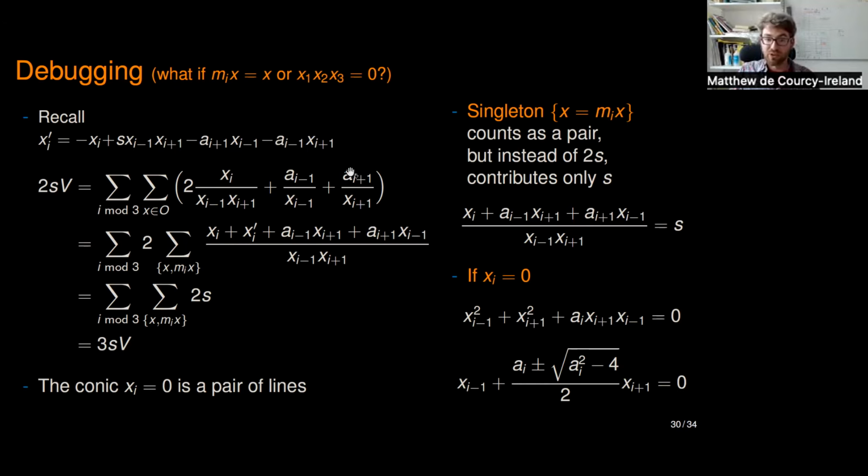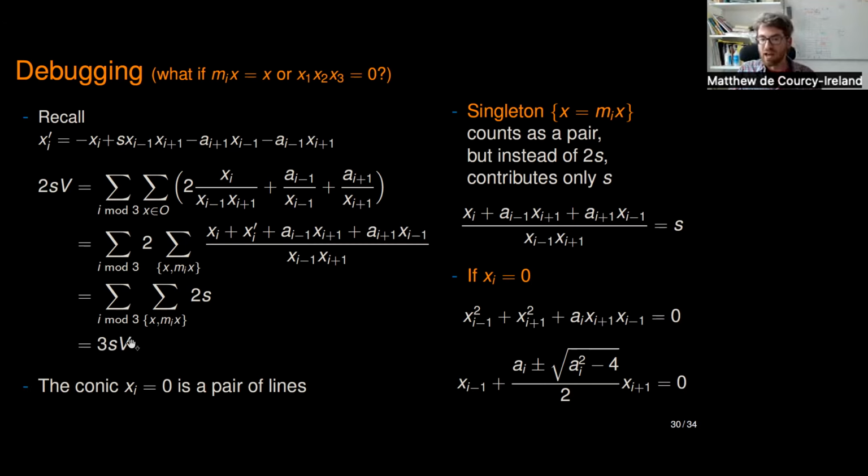Also, the off-diagonal stuff, you only get once instead of getting it twice. So the upshot of this is that instead of 2s like you would get for a pair, a singleton only contributes s. So fixed points are no problem.